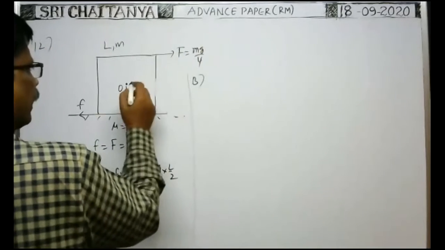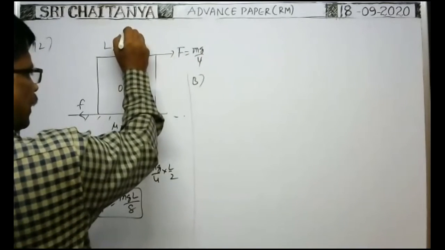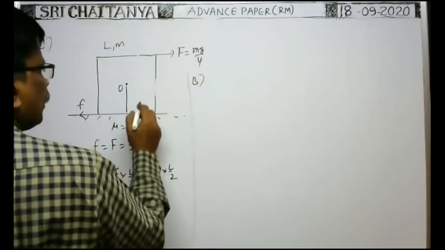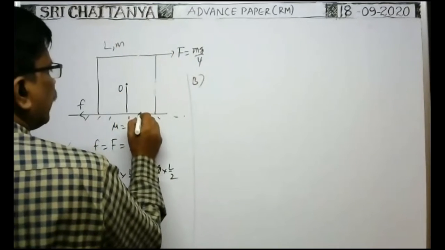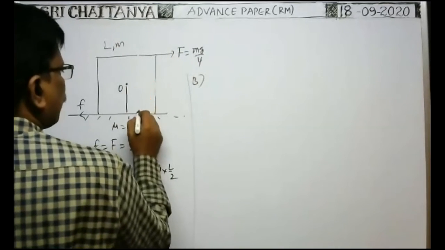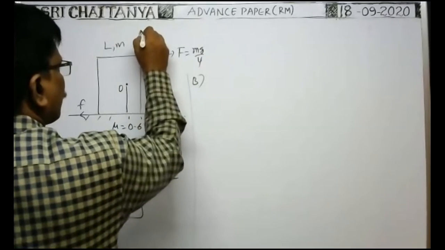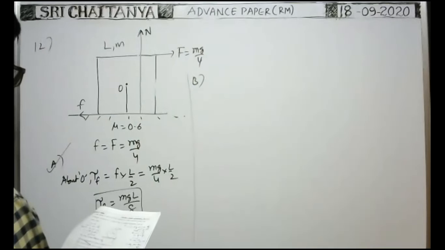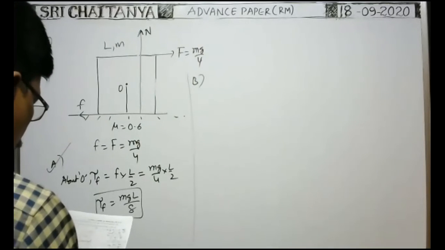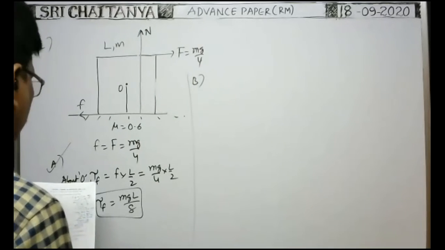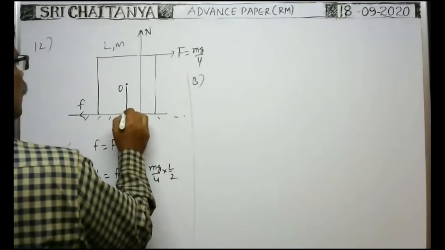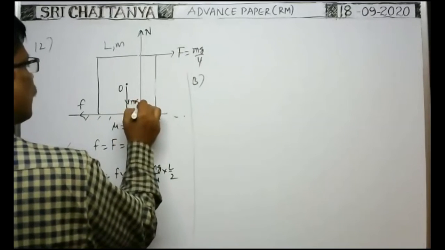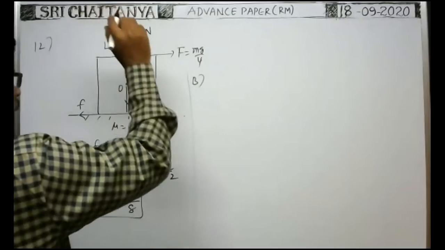When no force is applied, the normal reaction passes through the center only. But whenever the applied force is there, the normal reaction will be shifted somewhat away from the center of gravity, and the normal reaction acts in this direction. Due to normal reaction, what is the torque? That is the question they asked.